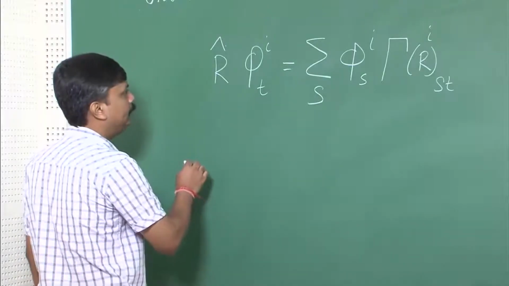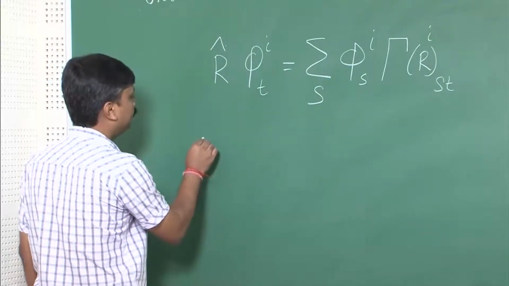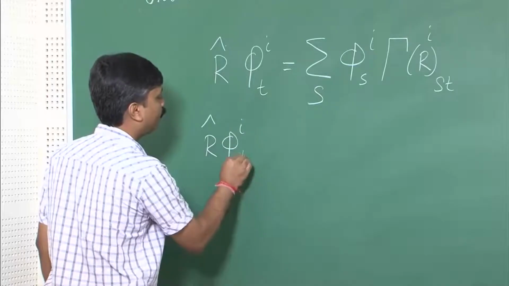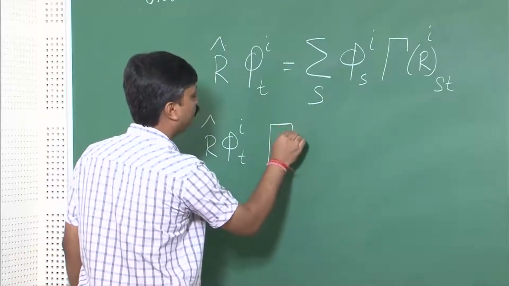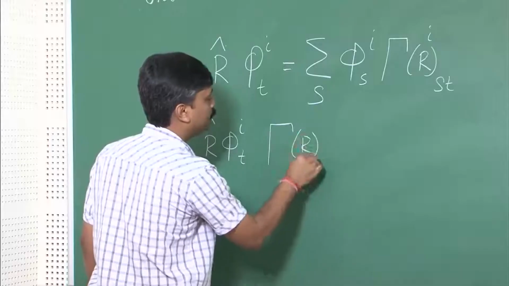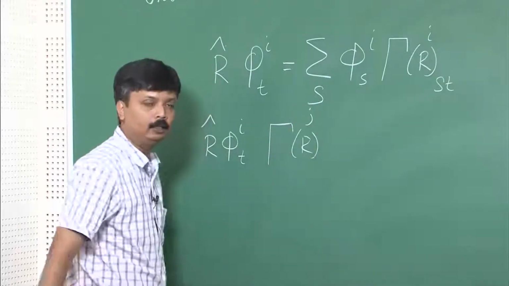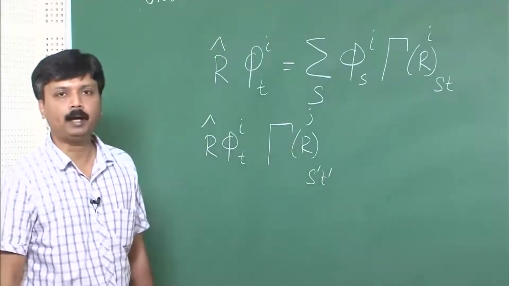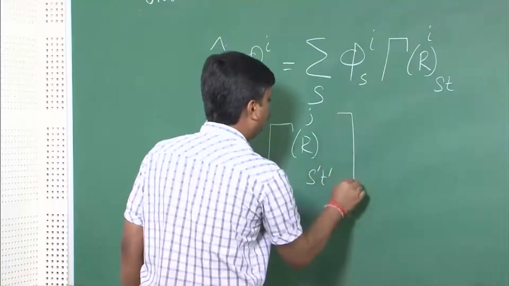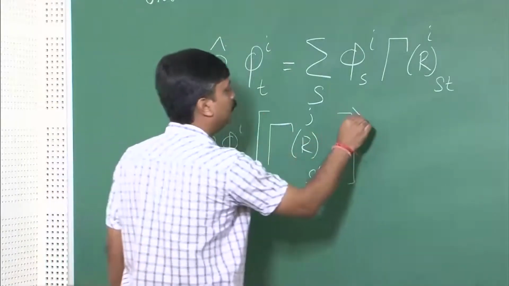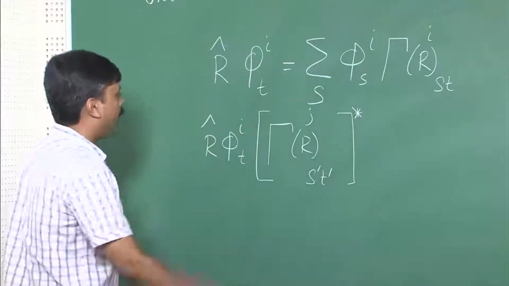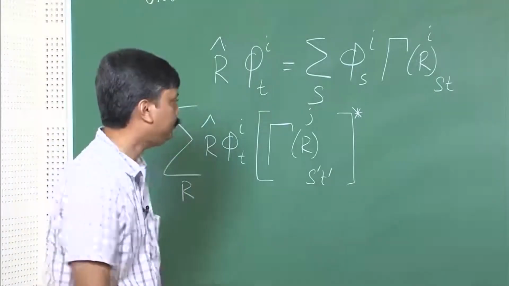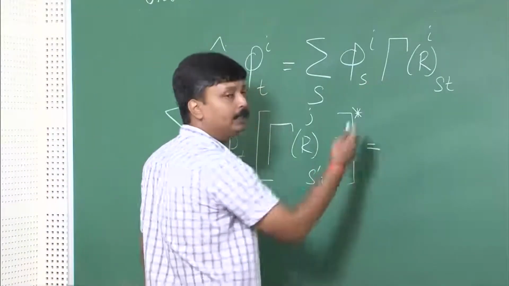I will multiply both the sides by a quantity which is gamma of the same operation R belonging to the jth irreducible representation, with some element s prime t prime. I will take a complex conjugate of that particular element, and after that we will sum it over all the symmetry operations R. We will have to do the same thing on the right hand side as well.